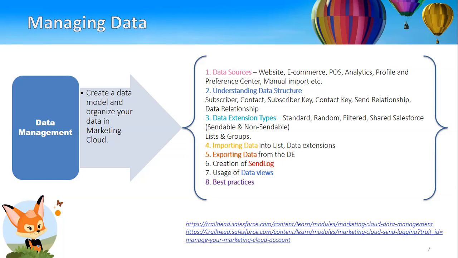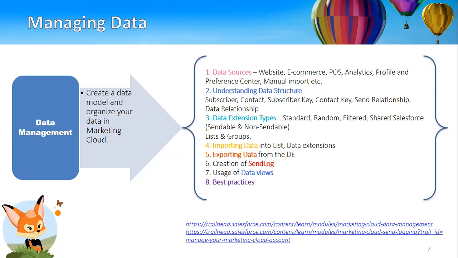And when any one of those records is eligible to receive a single email from your account, then they will be termed a subscriber. All subscribers can be contacts, but all contacts are not subscribers. That is a common sentence that you need to remember.